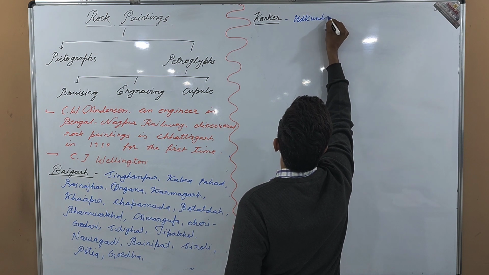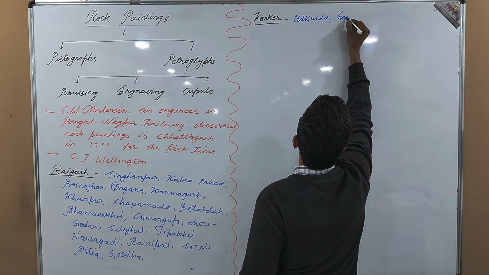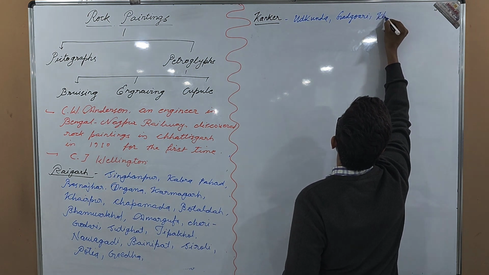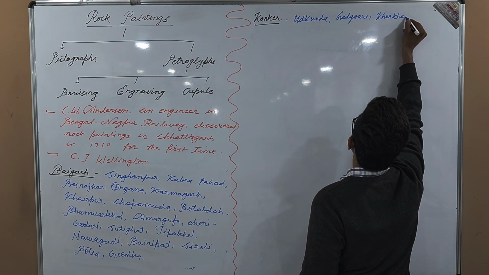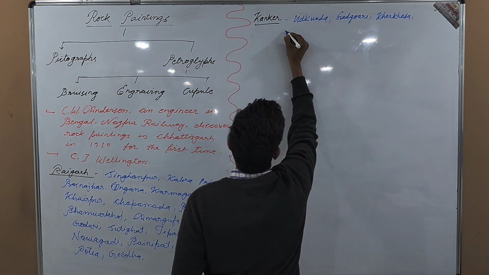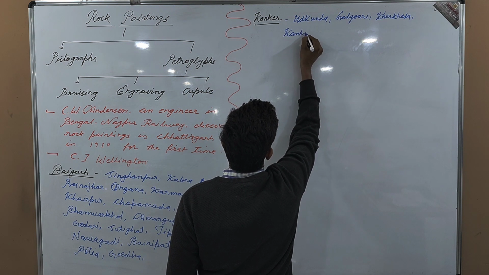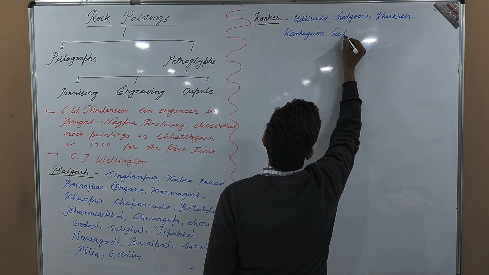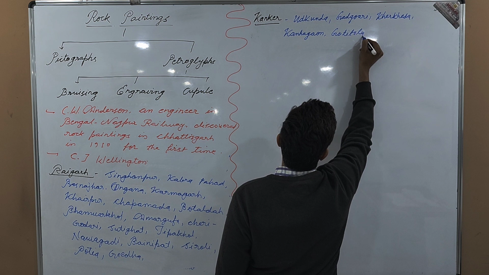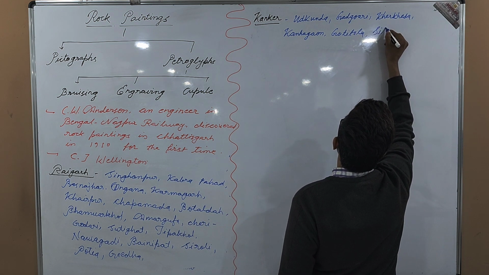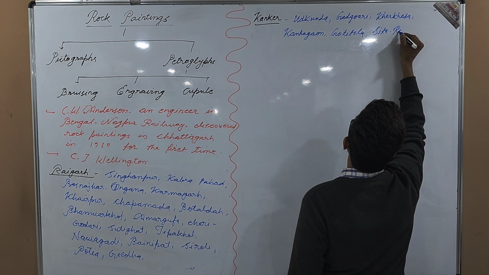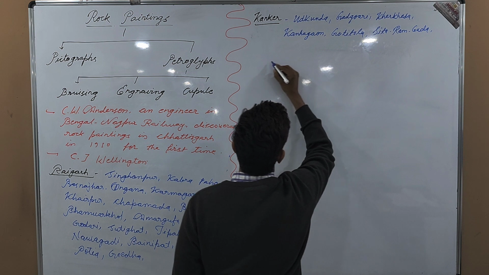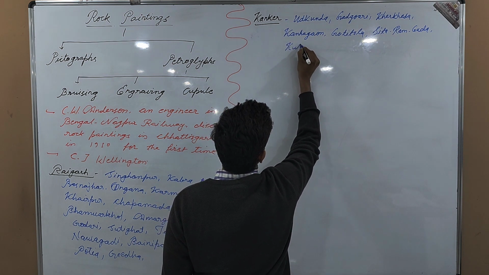Udkunda, Gadgwari, Kherkheda, Kanha Gaon, Goti Tola, Sitaram Guda and Kulgaon.